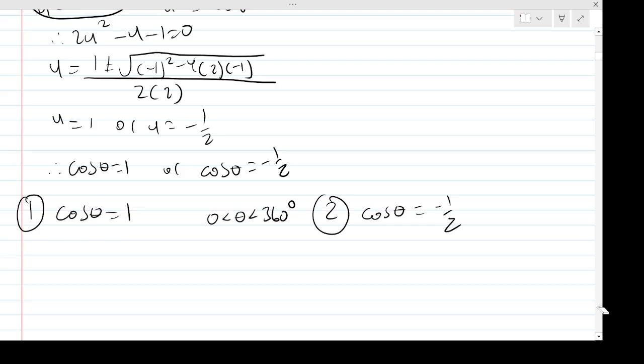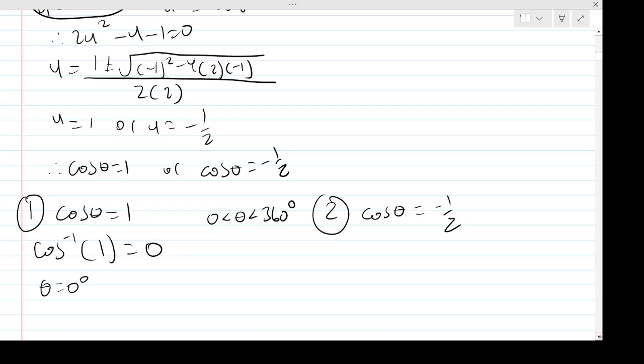So let's go on to solve this one then, firstly. Again, we can do inverse cos firstly to get the first solution. If we do inverse cos of that, we get 0, which therefore means the first solution is theta is 0.